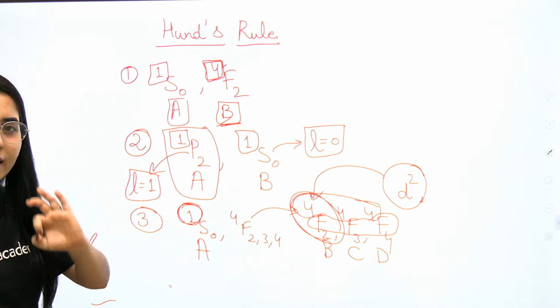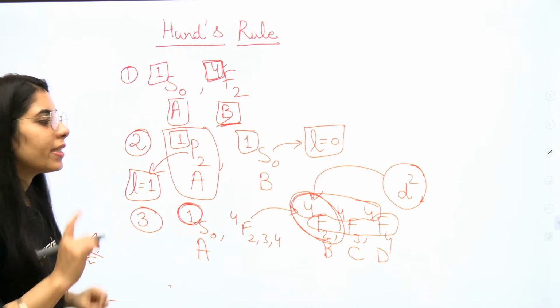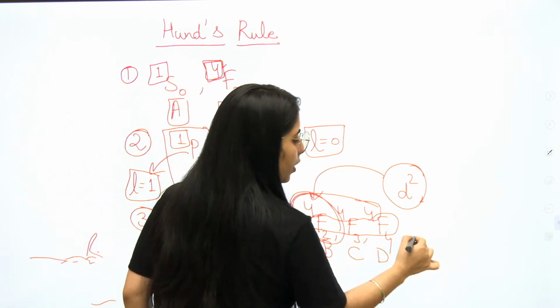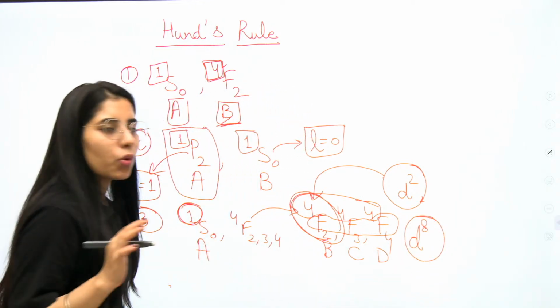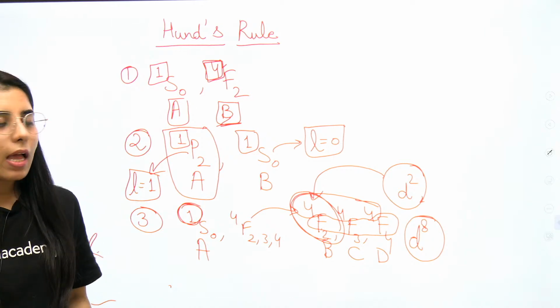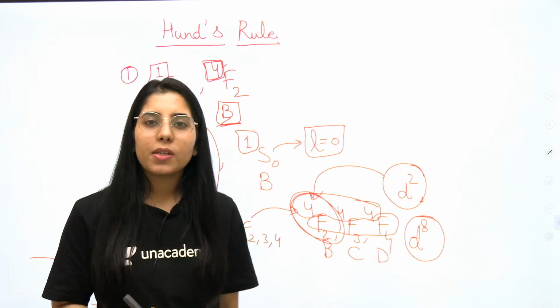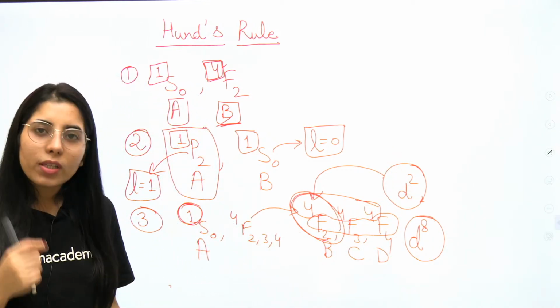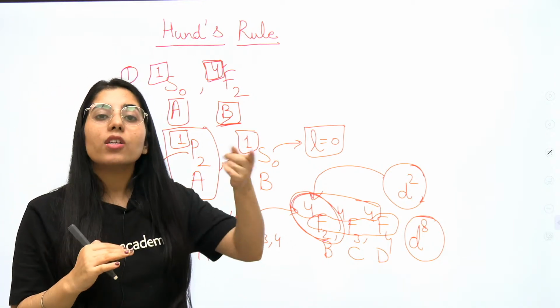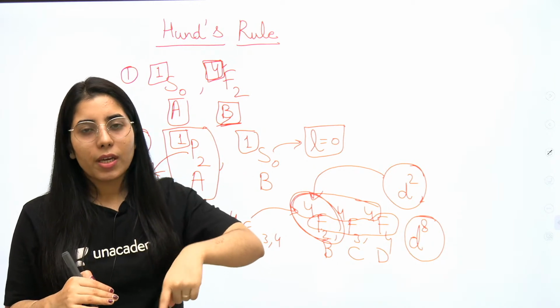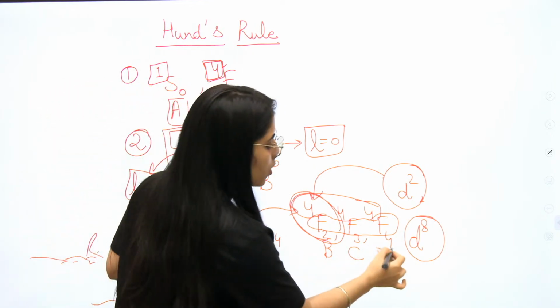But when I'm taking the example of D8 or D7, which is more than half filled. Why? Because the total number of electrons can be 10, and right now how many electrons are present? 8. So more than half filled, the largest J value will have the lowest energy. So what is the largest J value?